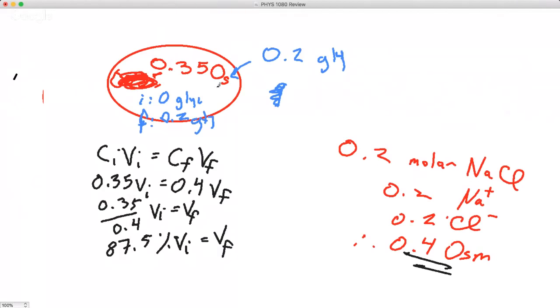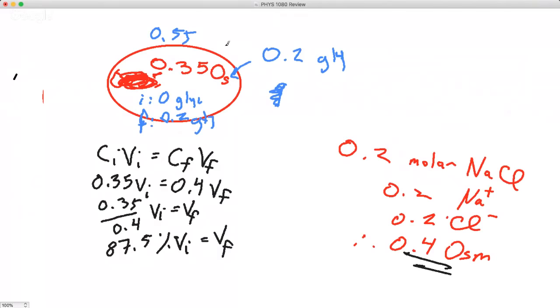Now let's look at what's going on in the cell, and then we'll start thinking about water. It's got 0.35 osmolar of its own material, mitochondria, ribosomes, all that kind of stuff, and now it's got an additional 0.2 of glycerol. So the total concentration inside the cell has gone up to 0.55. From water's perspective, it has 0.55 inside the cell, and outside it sees glycerol at 0.2 osmolar.